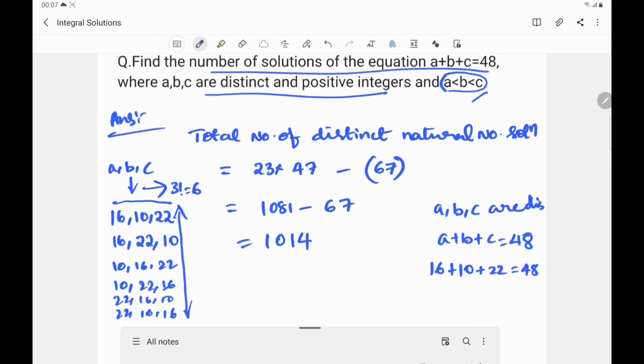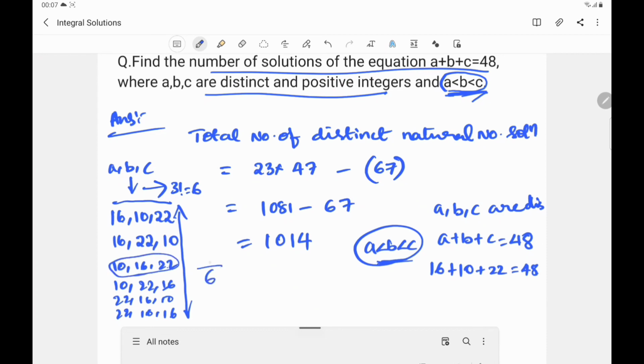Now out of these 6 ways, the condition that is given here is a is less than b is less than c. How many cases are there where a is less than b is less than c? For one triplet, that is a, b, c, we are able to get a less than b and b less than c in only one case.